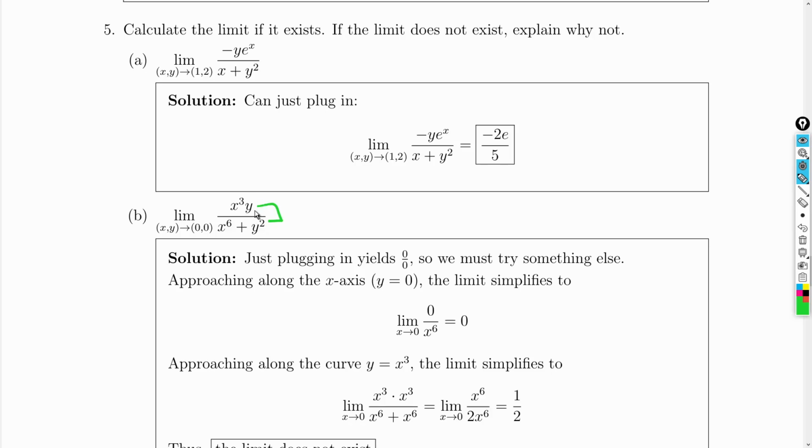For instance, if you used y equal to a line passing through the origin, you'd end up with x to the 4th over x to the 6th plus x squared. So you get some cancellation, and I think this was actually the first thing that I tried when I saw this problem. But you end up with this situation, and this still gives you a limit of 0 over 0 plus 1, which is equal to 0. So that doesn't work.